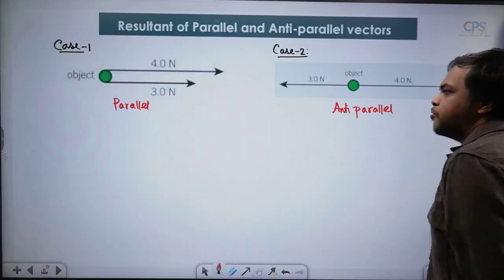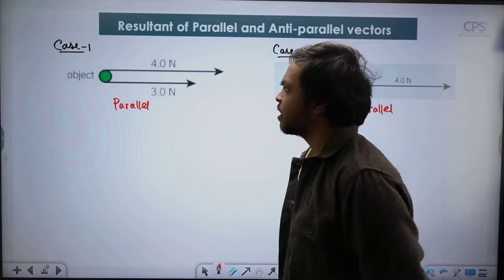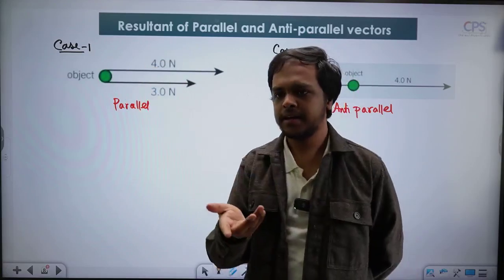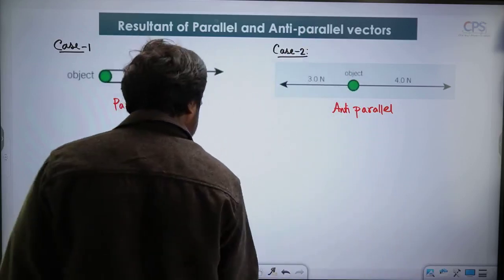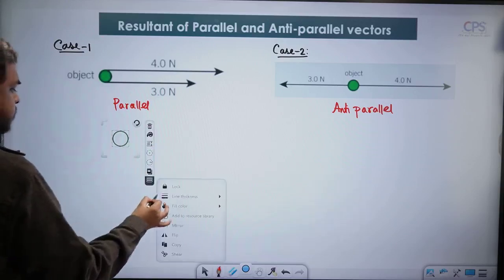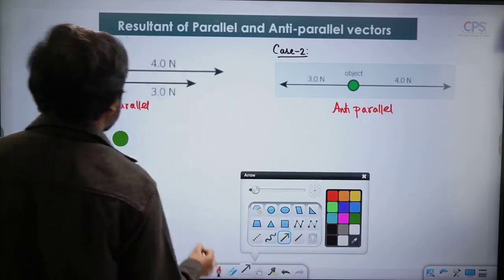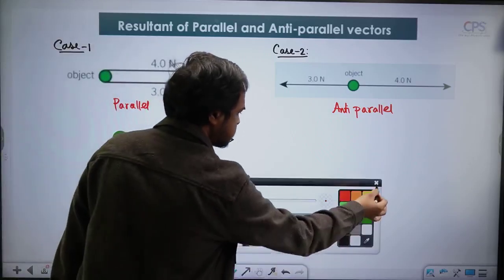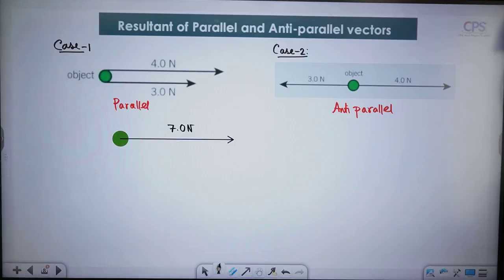Now, if we ask you, many of you will tell me the right story. What will happen? See, on an object there are two forces, 4 and 3, parallelly, on the same direction. So what will happen is that this object, let me just color it, it will look beautiful, and it will of course experience 7 Newton, right? 4 plus 3 is 7.